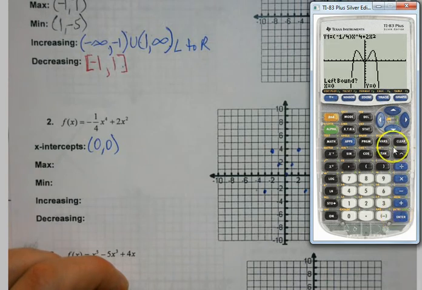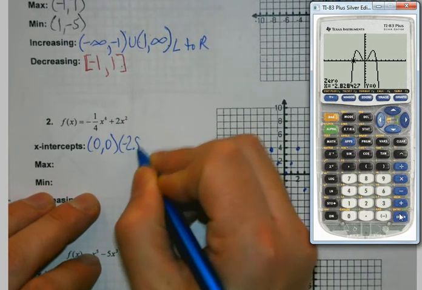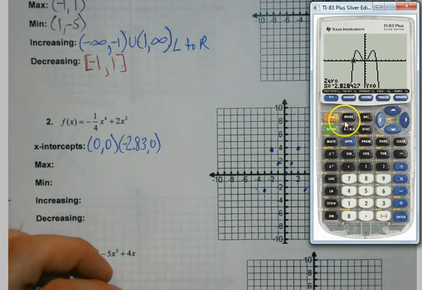So let's go ahead and figure out where they are. Again, to the left would just be underneath. And to the right would just be above. So I've got -2.83, 0. And it looks like it's going to be a reciprocal.